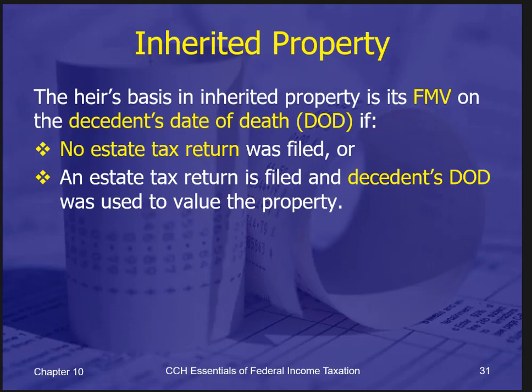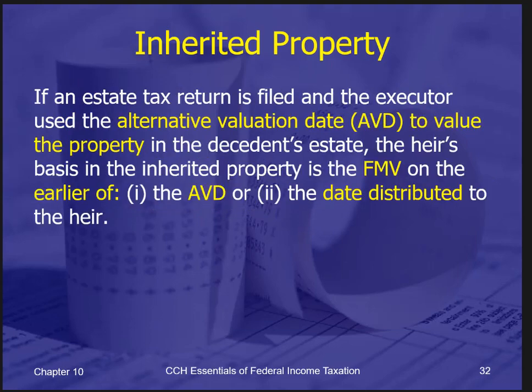So when they pass away, whatever it was worth and you inherit it, that becomes your basis. If that estate tax return is filed and they use the alternative valuation date, then it is the fair value at either the AVD or the date distributed if it's sooner.